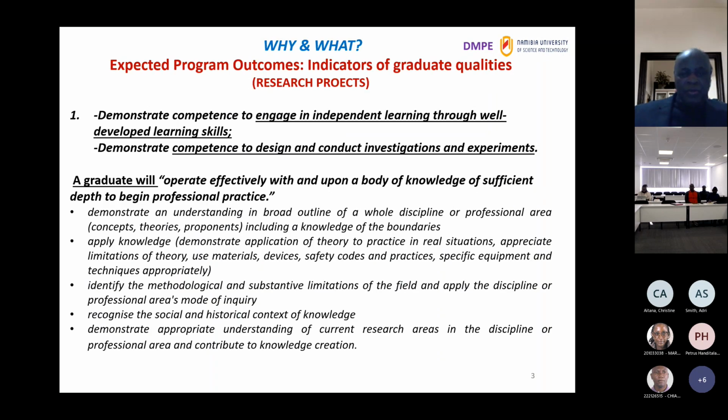Now, I'm going to go quickly through the mandate that we have to make sure students are engaged in the research during their training at the bachelor, master's, and the PhD levels, because that mandate is directly linked with the expected graduate quality or attributes indicators.